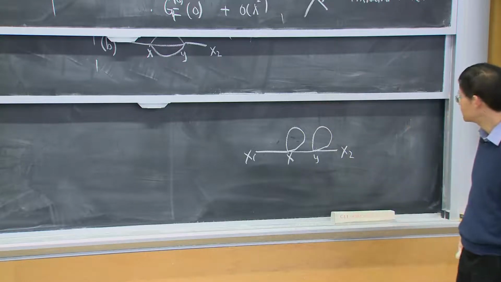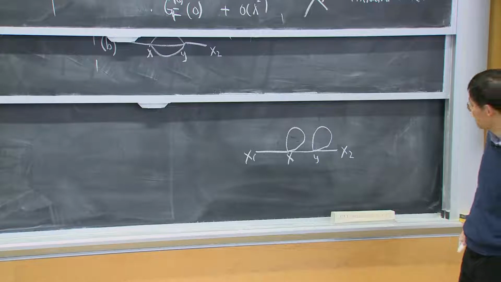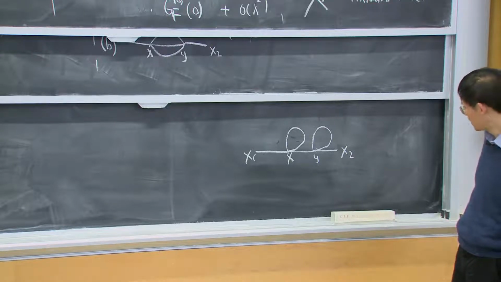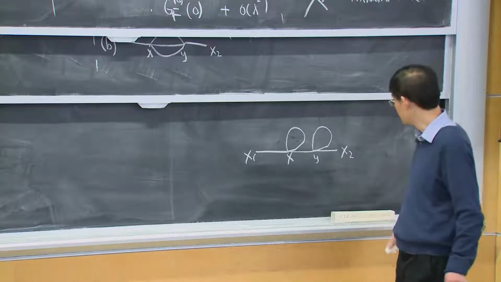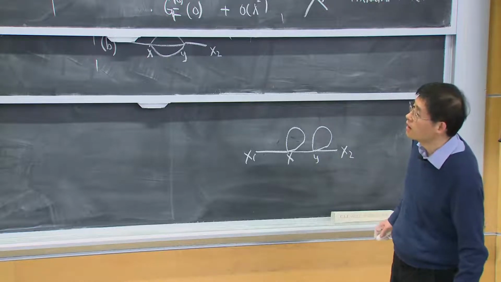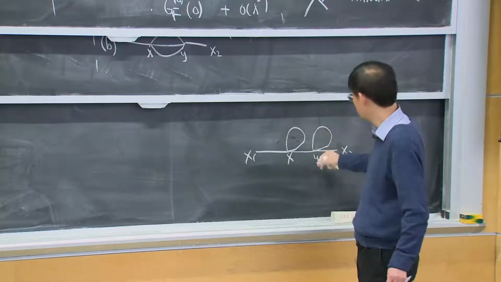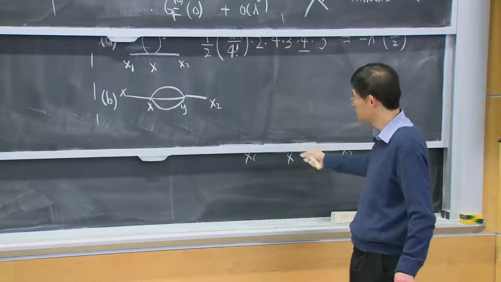We didn't include that. Let me see. Yes, I should also have a diagram like this. It's possible, I think I just forgot it. Do I have something like this? No, actually, I forgot it.